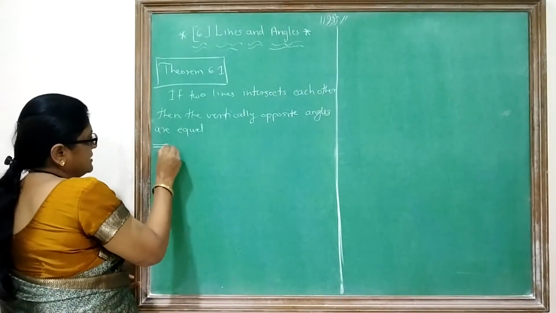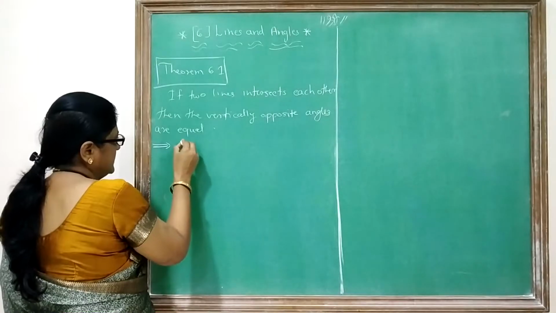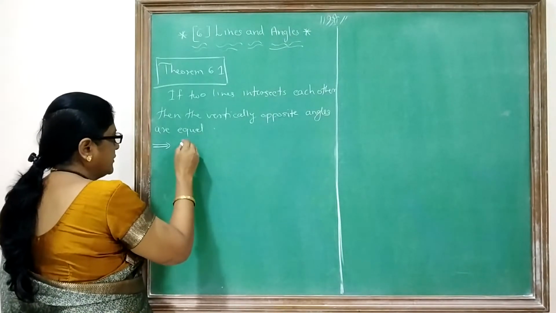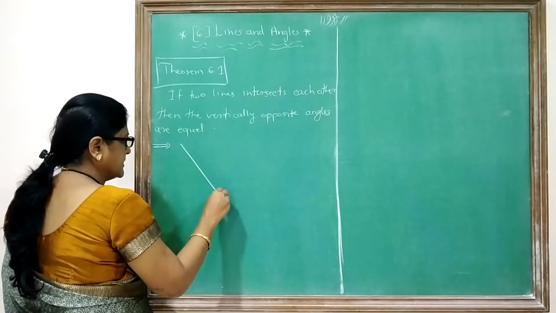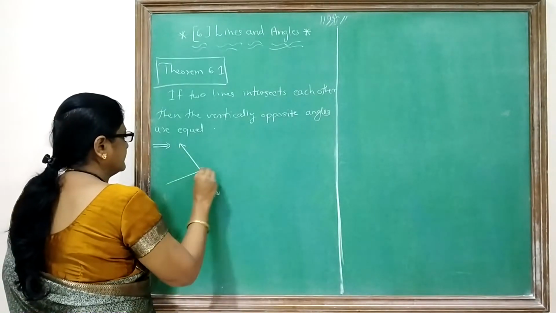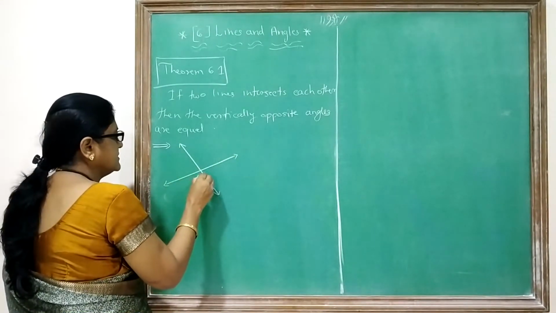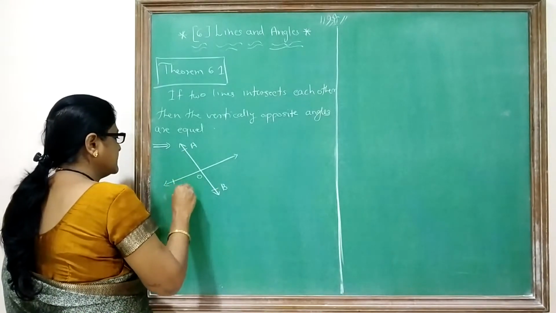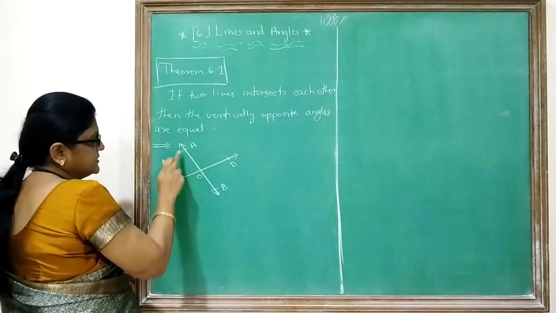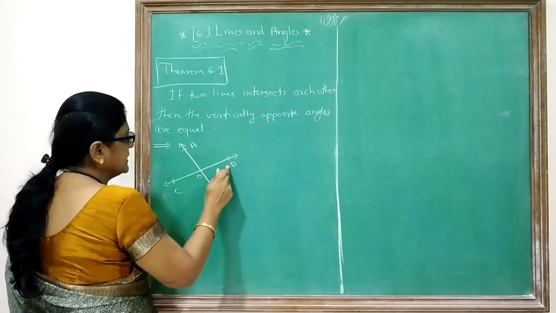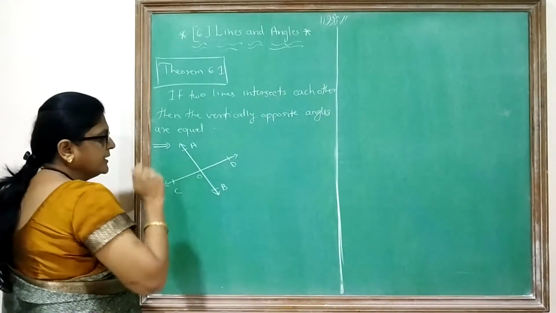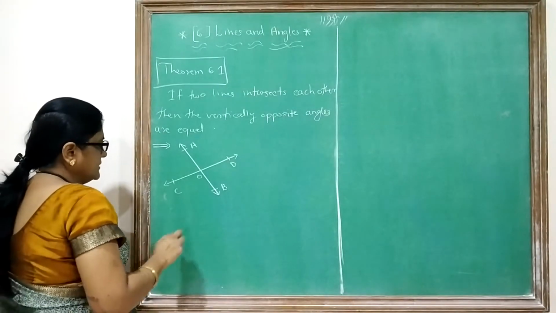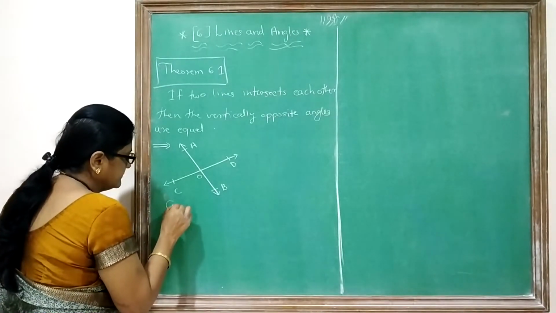Then first you will draw the diagram, that is this type. This is O, this is A, this is B, this is C, and this is D. This OA stands on CD and this OD stands on AB. Then here you will write given.